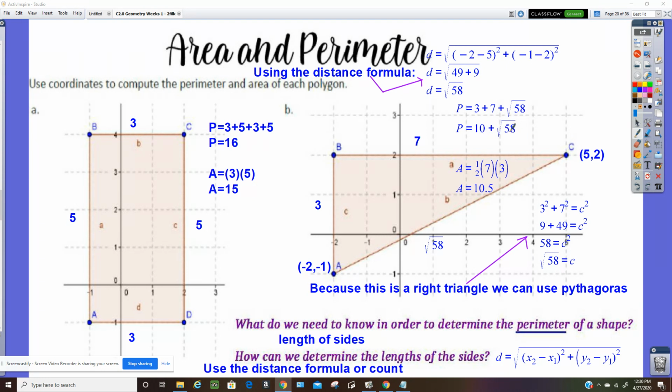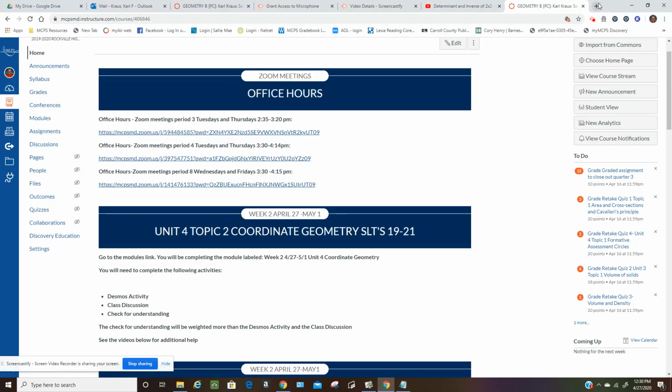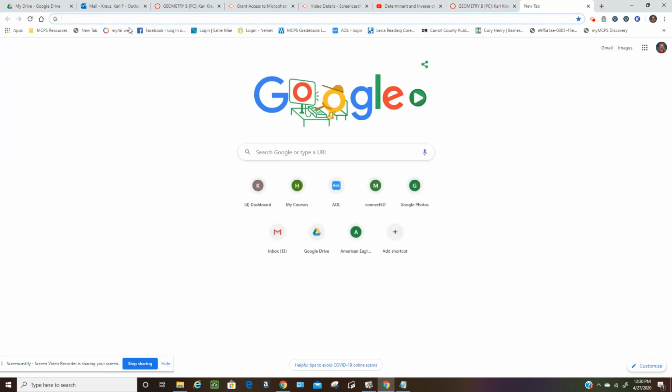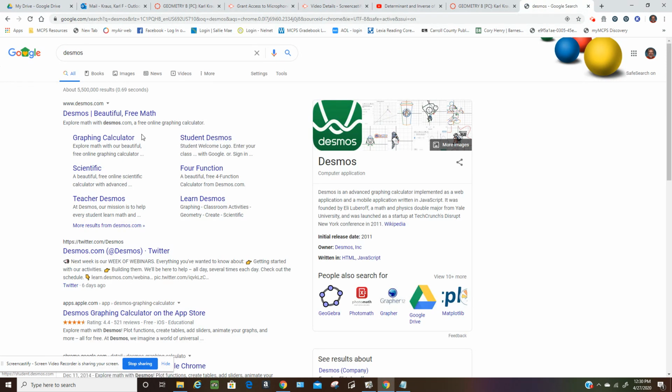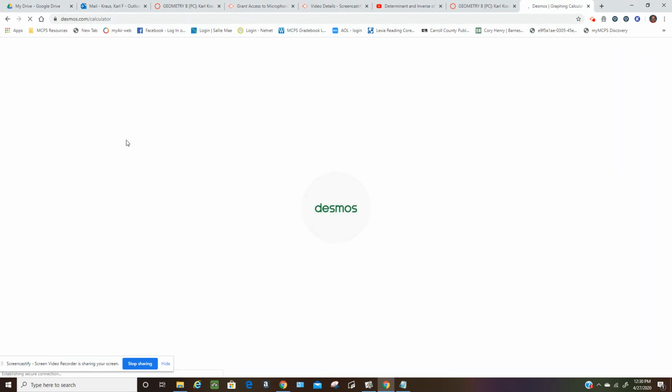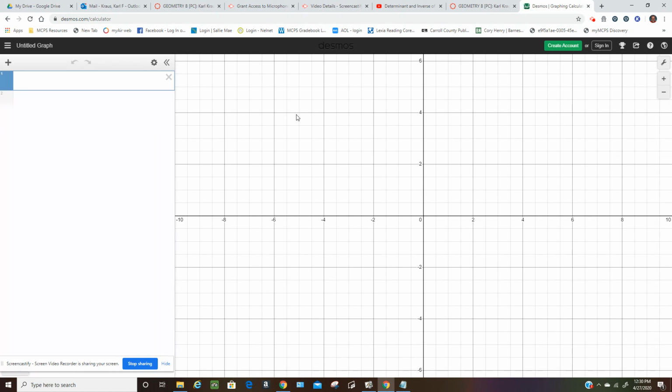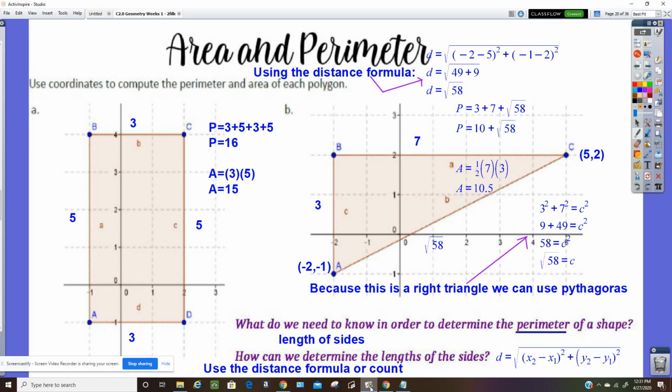So on your check for understanding, they want you to get the decimal approximation for this. So I could just go to my Desmos calculator, and the way you do that is just type in Desmos in your search bar, and then go to graphing calculator. So back here, if I wanted to get the decimal approximation for this perimeter, it's 10 plus the square root of 58.